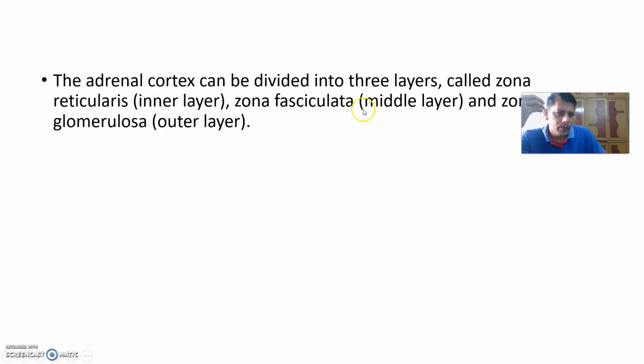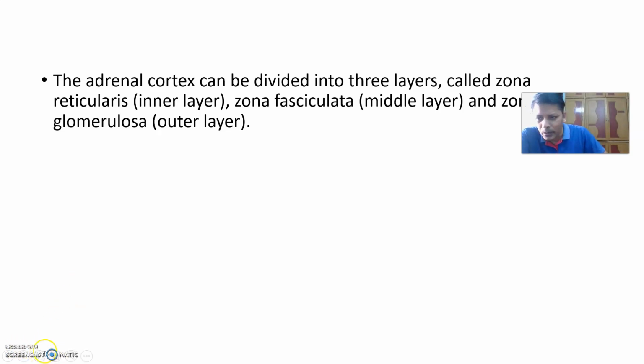We also talked about the three parts of the adrenal cortex. The adrenal cortex is further divided into three zones. What are the three zones and what type of hormones are produced from those three parts?